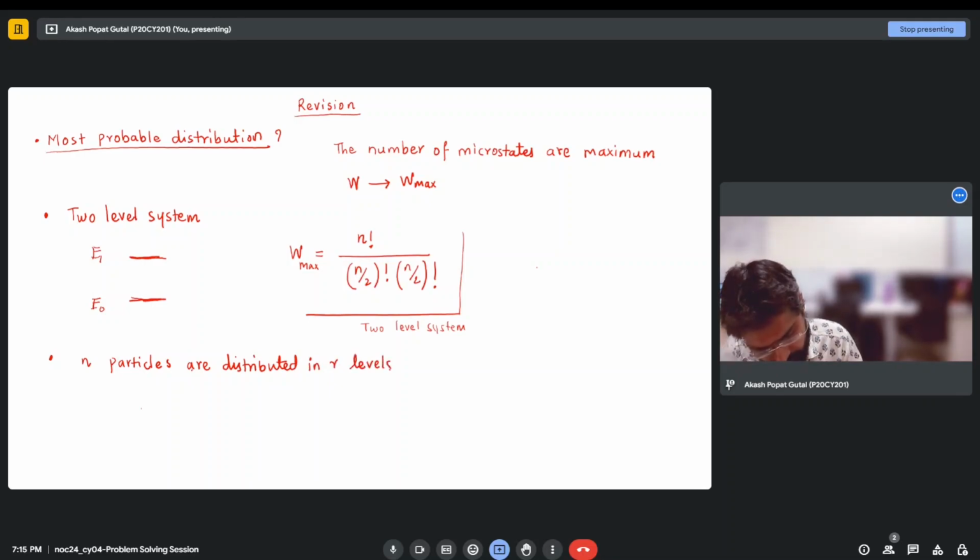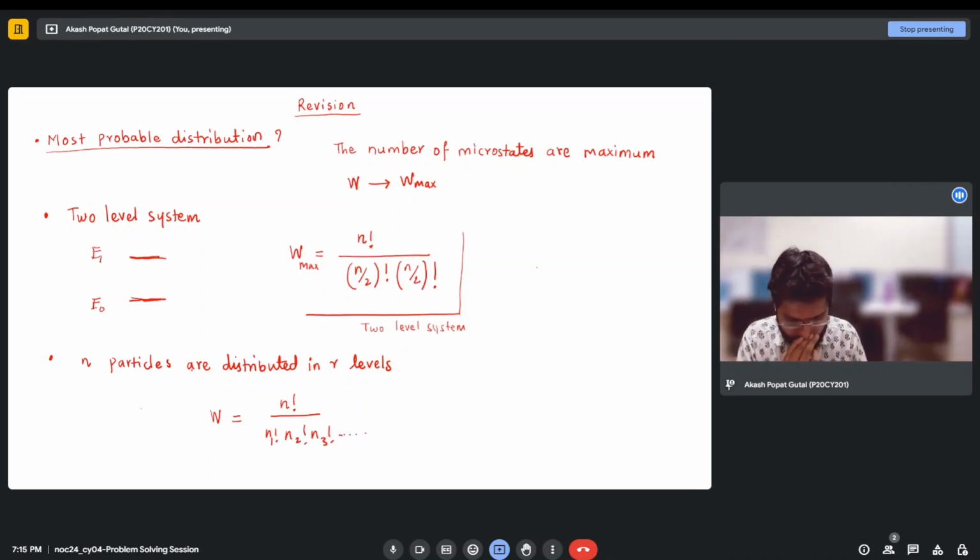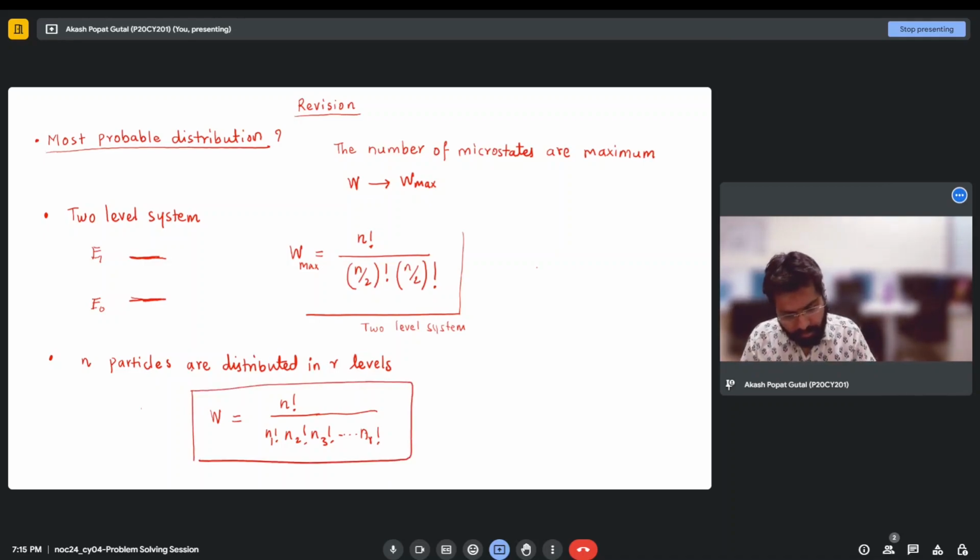In general, the number of microstates is n factorial divided by n1 factorial, n2 factorial, n3 factorial, and so on up to nr factorial. In a two-level system, this general formula reduces to n factorial divided by n1 factorial n2 factorial.